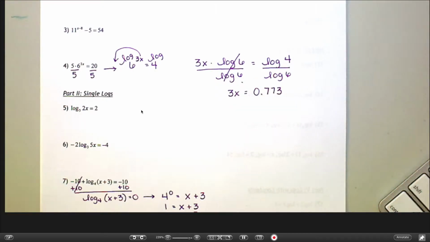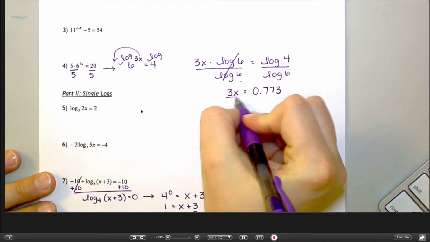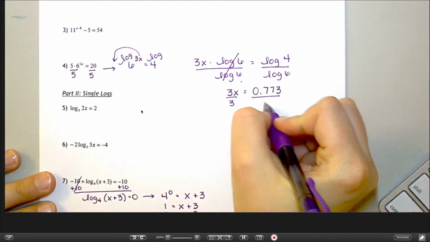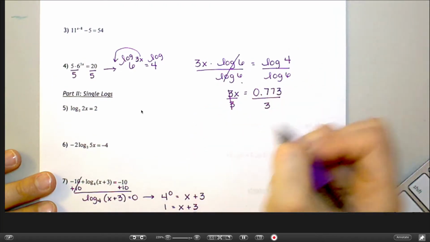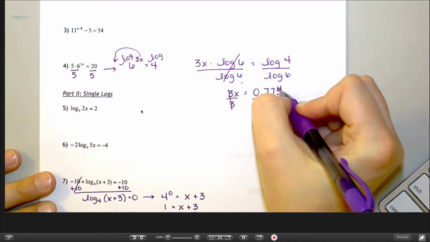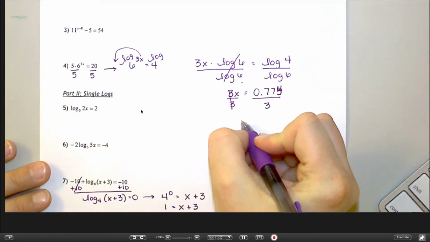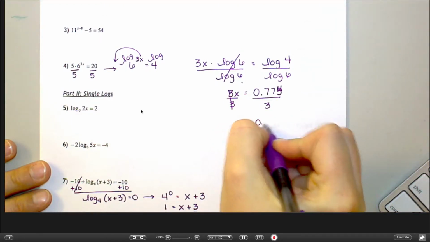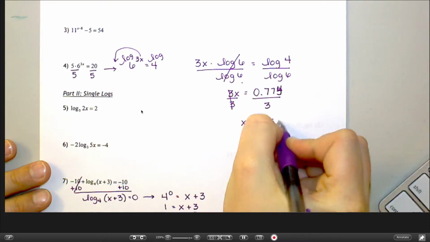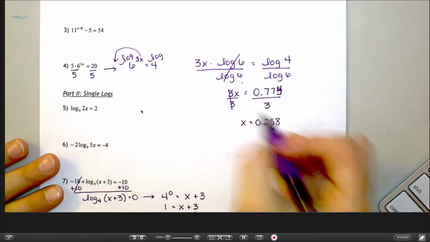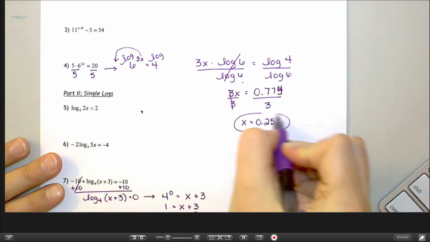And then divide by 3. 0.774, if it rounds, you mean? Yeah. Okay. And then you get 0.258. I wasn't real specific about where I wanted you to round, so if you're close to that, you're probably fine.